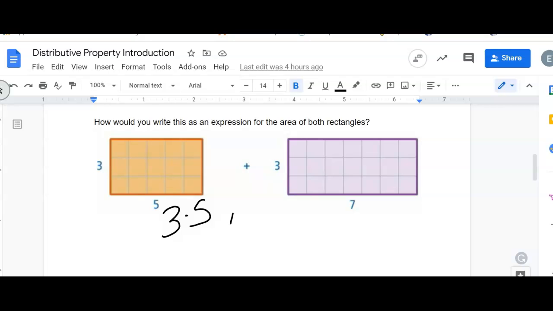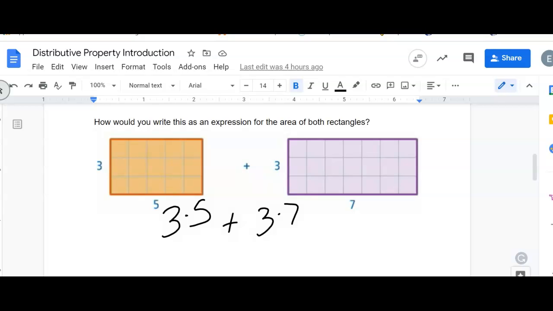Plus 3 times 7. 3 times 7 gives us what? 21. But what is it? 3 times 7 is finding the area of the purple rectangle.